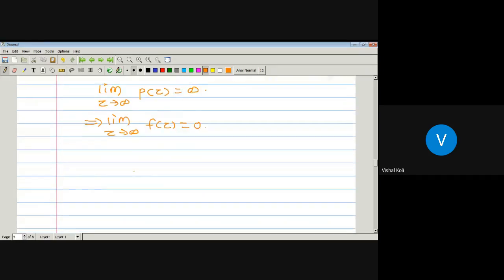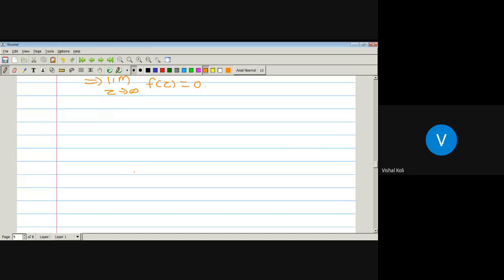As the limit of f of Z is 0 as Z tends to infinity, we will use the definition of the limit. For every epsilon greater than 0 there exists an r greater than 0 such that modulus of f of Z minus 0 is less than epsilon whenever mod Z is greater than or equal to r. Since Z is tending towards infinity, it means modulus of Z is greater than or equal to this radius r.